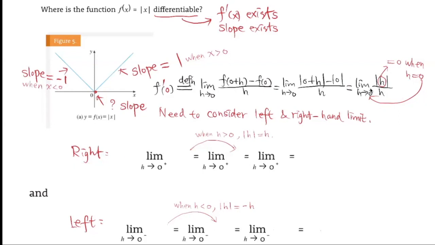As h approaches 0 from the right, h will be greater than 0, so absolute value of h is equal to h. We can just remove the absolute value, and it becomes just h over h, which is 1. The limit of 1 is just 1. So the right hand limit is 1.